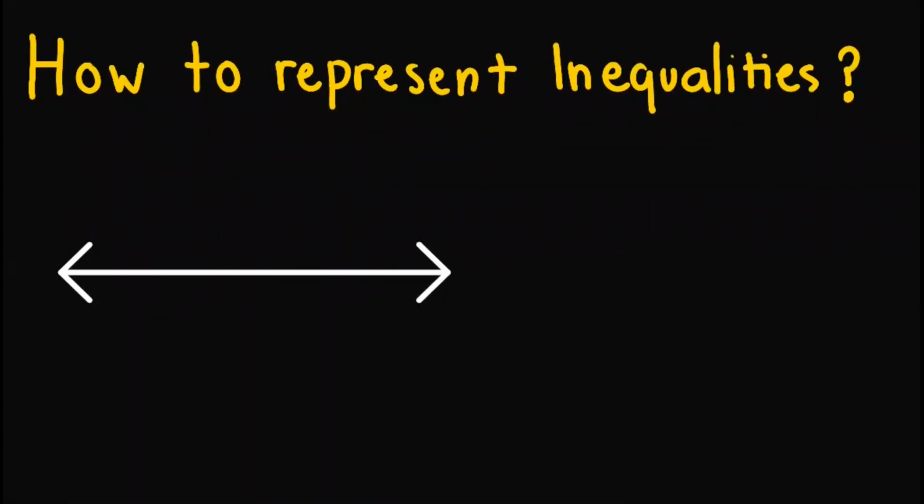Another good thing to think about is how we can represent inequalities. Here is an example. Let's have a point A on a number line. I know that the line is not perfect, but just bear with me.